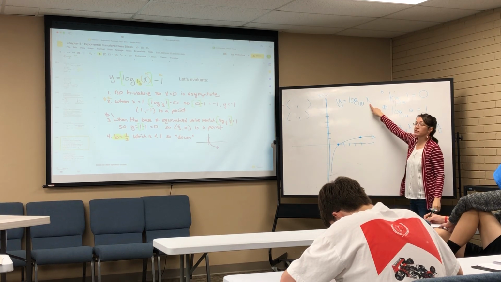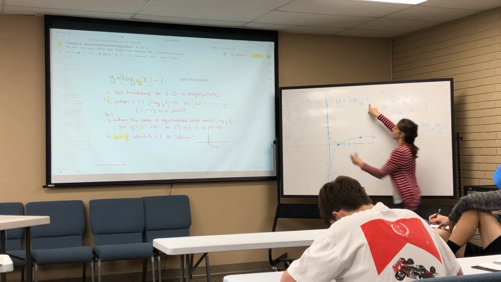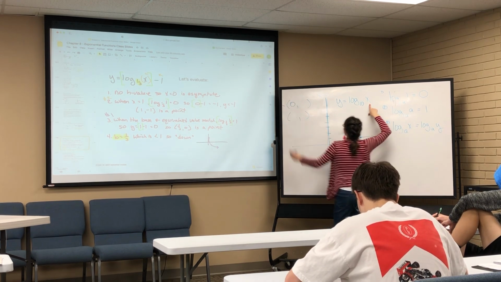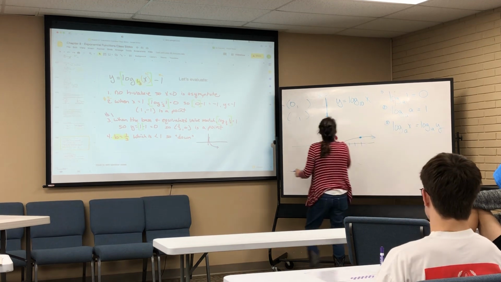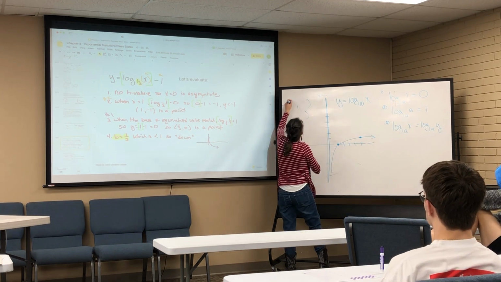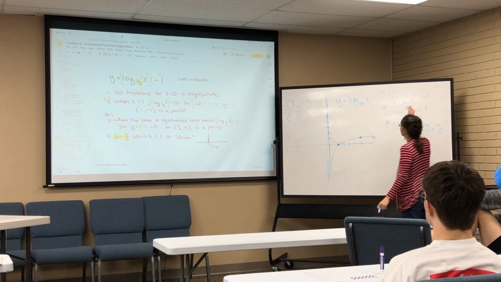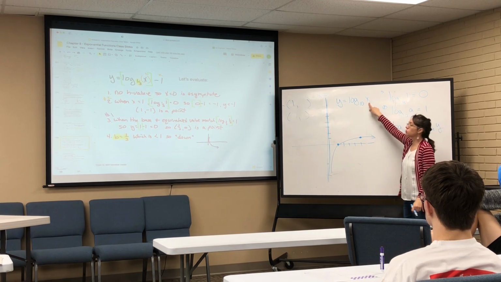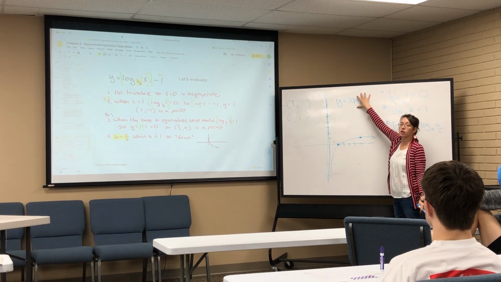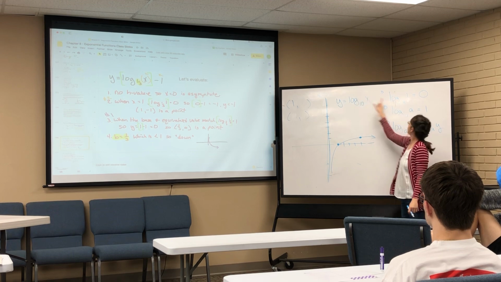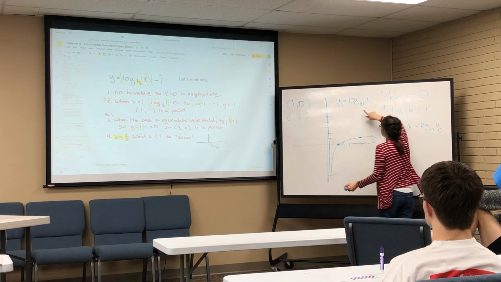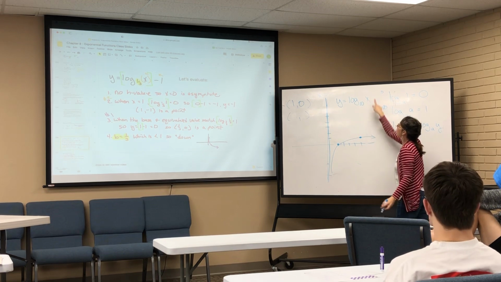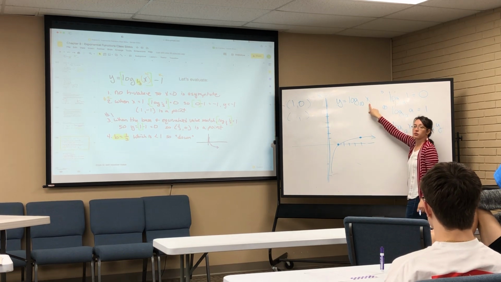When x is 1, so you'll notice that we're plugging in the same numbers each time. When x is 1, this entire log turns into what? 0. Okay? Now, what do I want to make my x value next?